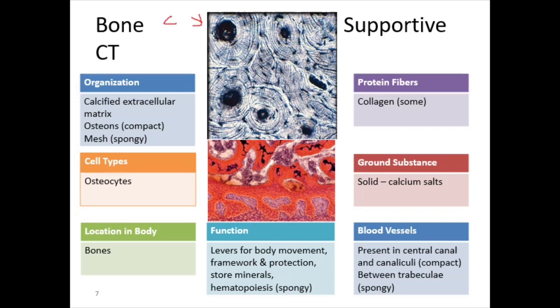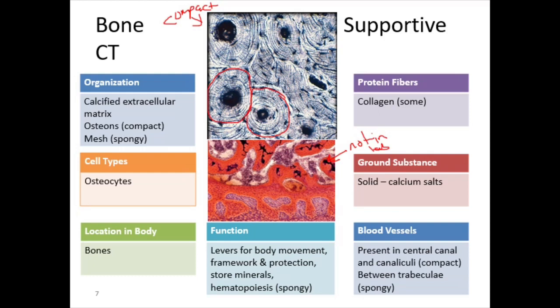These circular structures are called osteons. We don't really look at the spongy bone in lab. So here's a picture here, but we're not going to look at it very much. These are solid calcium salts.